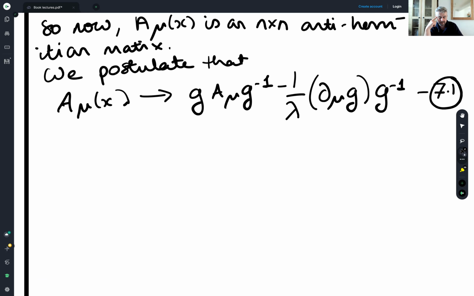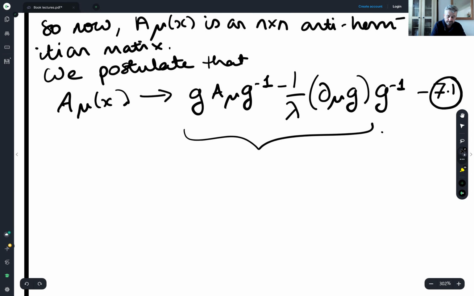In the case that A mu is proportional to the identity, or in fact isn't a matrix at all, this reduces to something very akin to the abelian case. So note that both terms on the right-hand side are in the Lie algebra of G.